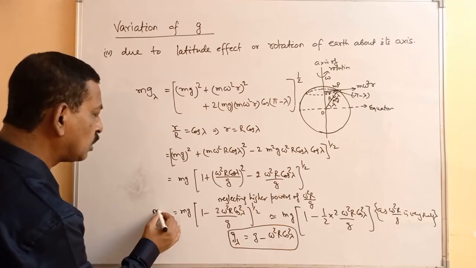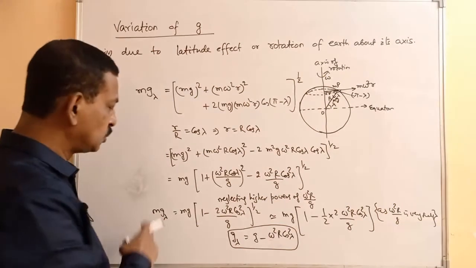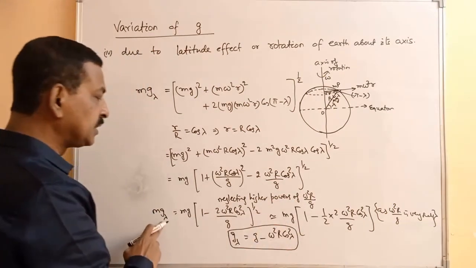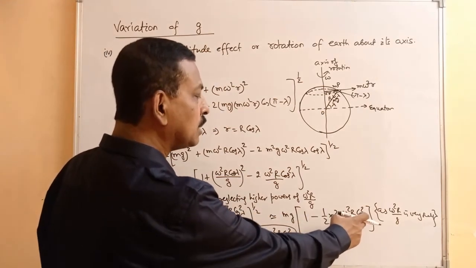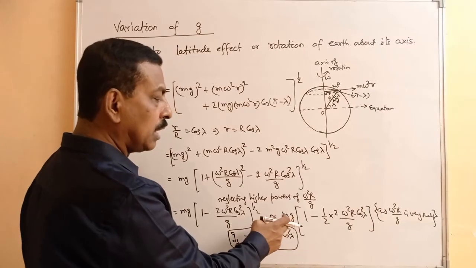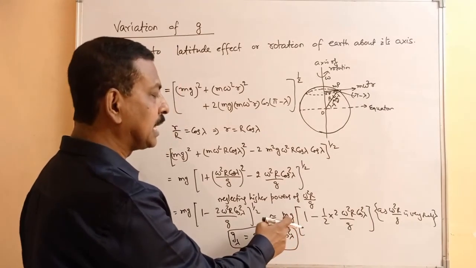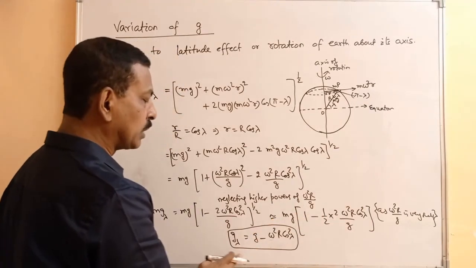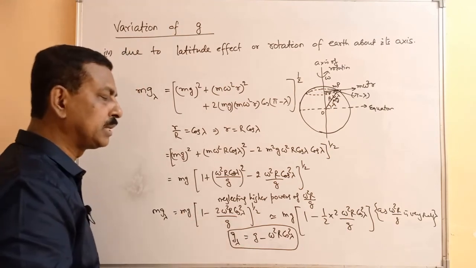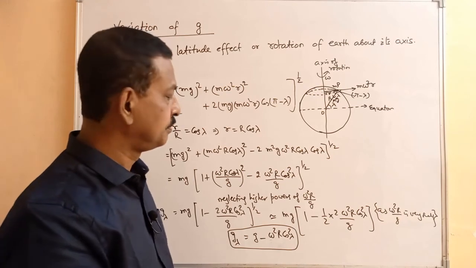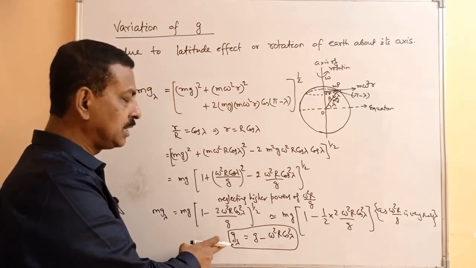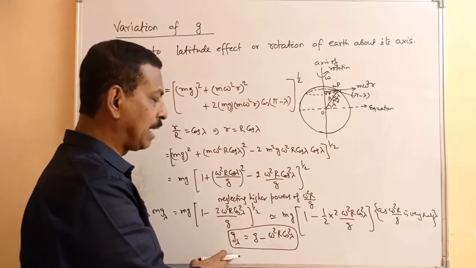This was basically mg lambda, so m we can cancel from both sides. g lambda will be equal to g, 1 minus omega square r cos square lambda over g, and if you remove this bracket, this g will get cancelled, so you will get g lambda equals g minus omega square r cos square lambda. So this is the expression for acceleration due to gravity at a latitude lambda.